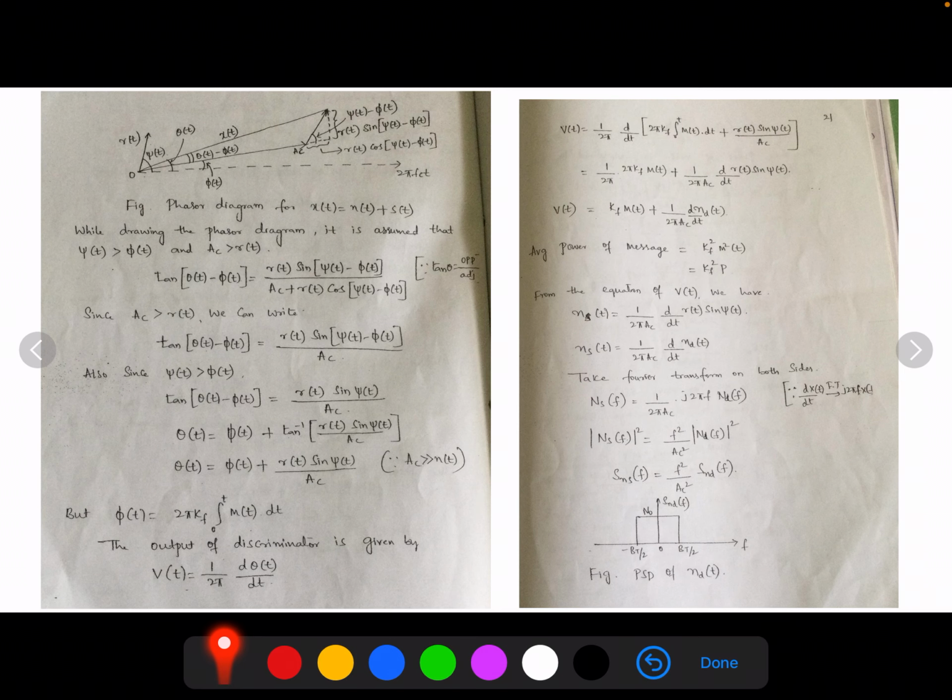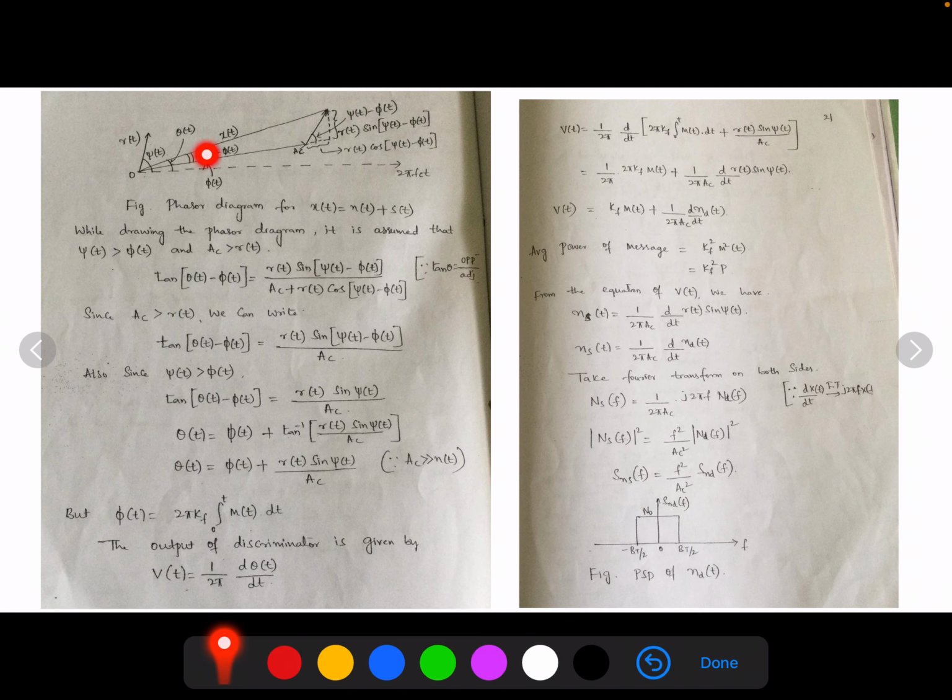The phase angle theta of t is of the resultant phasor representing x of t. From the phasor diagram, let this be 0 and we are expressing 2 pi f ct with the phase angle phi of t. We have a signal with amplitude AC, and we'll assume theta of t is over here, and R of t is with the phase angle psi of t.